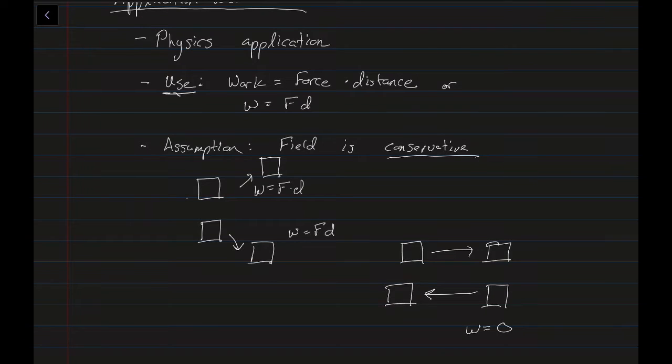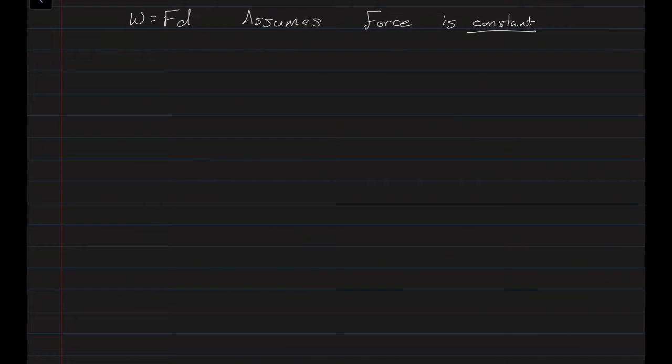Now, this is going to be useful when we do our integration, because if we have an object and we're applying a force to it, and the object starts here and then does some crazy stuff, loops around, and ends here, all we have to do is find the work done from point A to point B, and we don't need the loop.